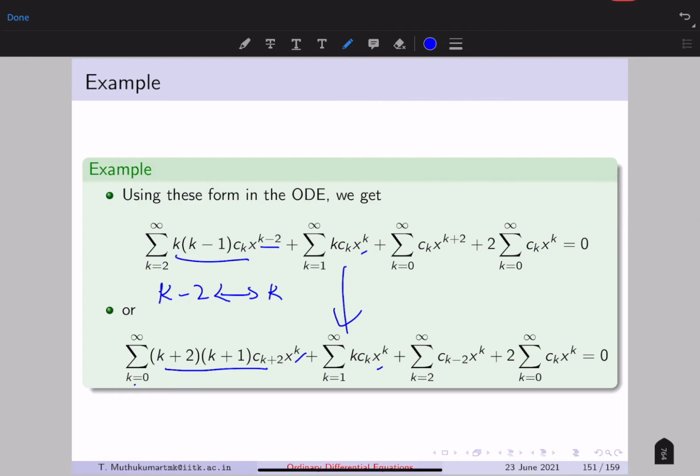Basically what I'm saying is that if you put k equal to 0, it starts with x squared here, right? So we start with k equal to 2 and make this x power k. That's what we have done here, and similarly here it remains the same. So this equation becomes this equation after rewriting everything in x power k. Now you can combine the coefficients of x power k, equate it to 0, and equate like powers on both sides.